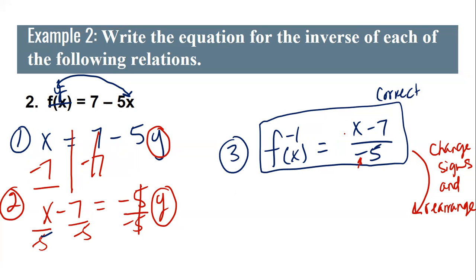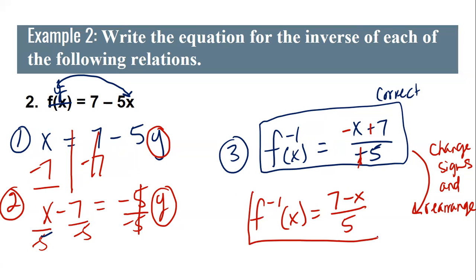By changing the sign, this becomes negative, this becomes positive, and this becomes positive. So I changed the signs. Now I'm going to rearrange. So 7 is going to lead because it is positive. X is going to follow, and 5 already became positive. This is the proper way of answering this.